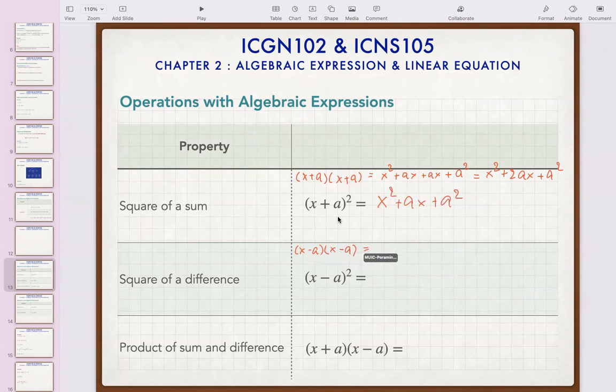In this one, if we apply the FOIL method, you get x squared for the first, then minus ax for the outer, and minus ax for the inner, and for the last, minus a times minus a, you get plus a squared. Then the square of a difference is x squared minus 2ax plus a squared.